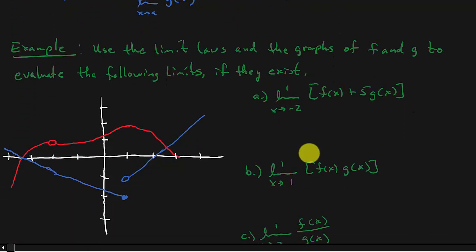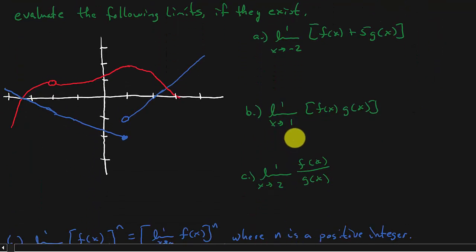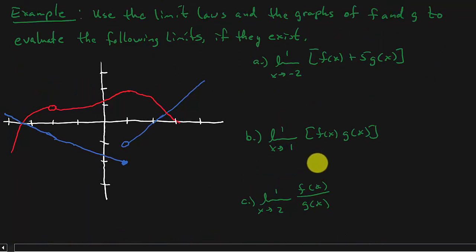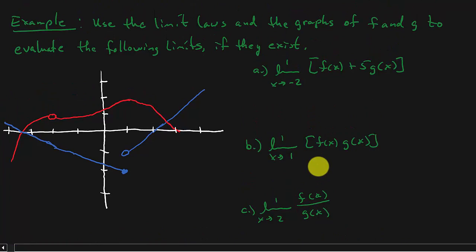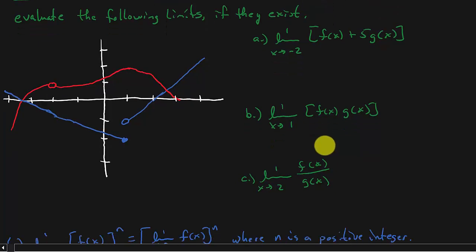Alright, so let's look at this. So here's my attempt at drawing a graph. It says use the limit laws and the graphs of f and g to evaluate the following limits if they exist.